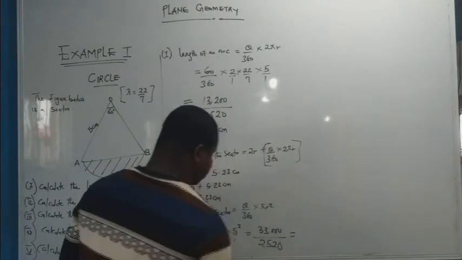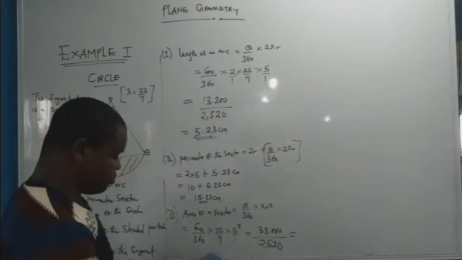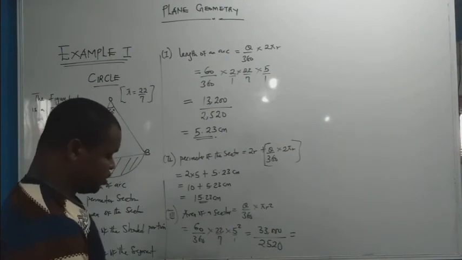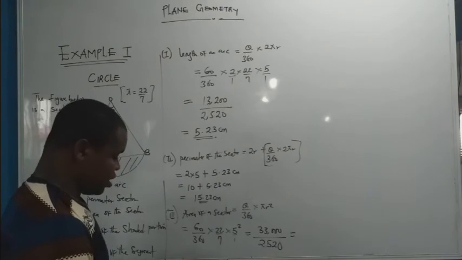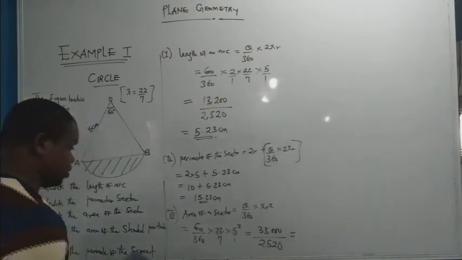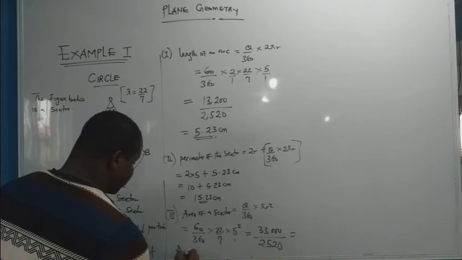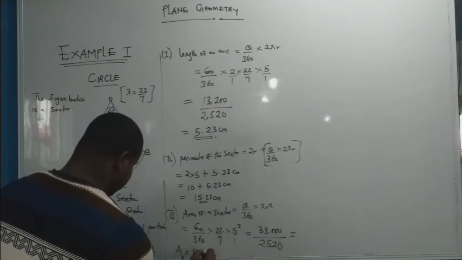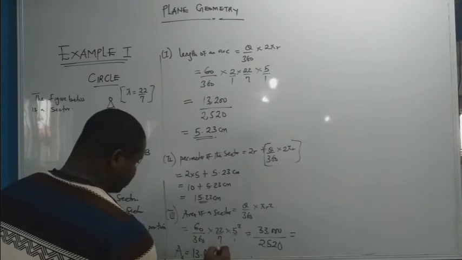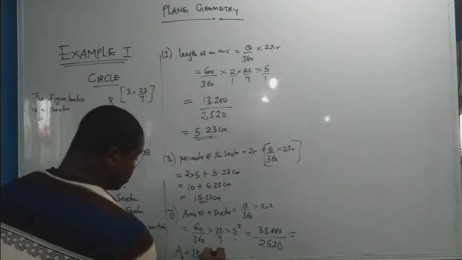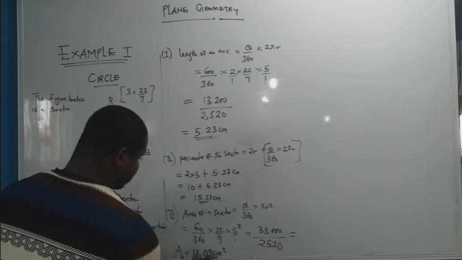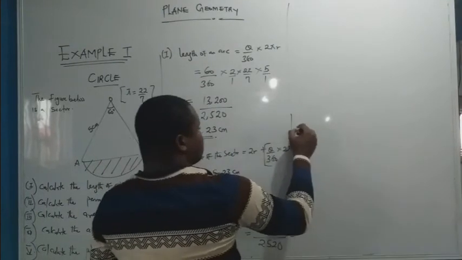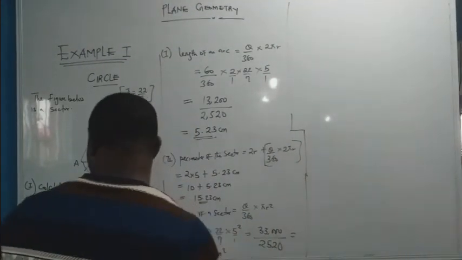So when you divide 33,000 by 2,520, you get that the area of the sector will be 13.09, which is approximately 13.1 centimeter square. Okay. The next aspect is this. Let's look at the next question.